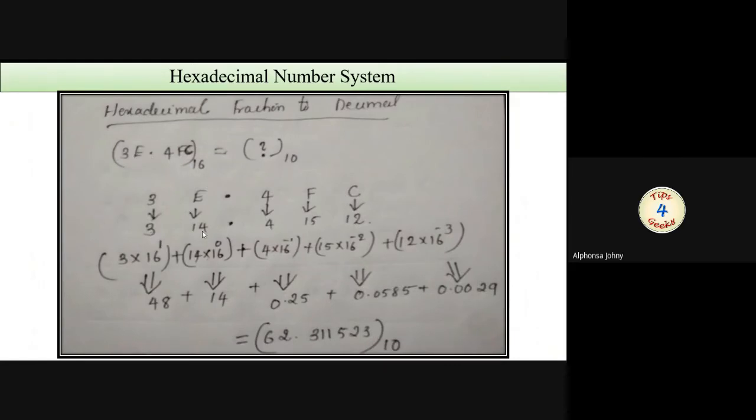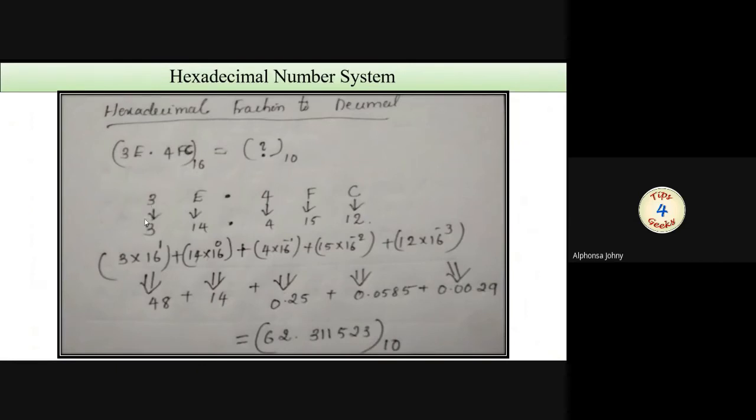E can be written as 14, not as separate digits 1 and 4, but taken together as 14. Then after the hexadecimal point, 4 is the same as 4. Then F, its equivalent is 15. C is equivalent to 12. A is 10, B is 11, and C is 12.